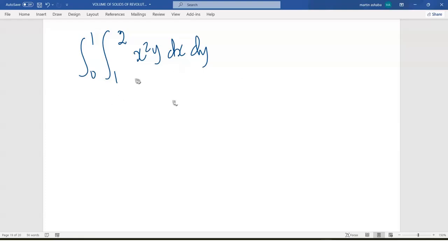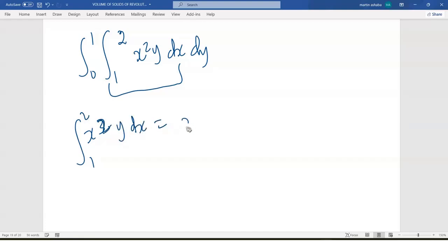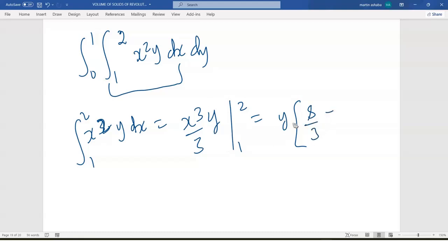I can first evaluate what is inside, integrating from 1 to 2 of x squared y with respect to x, which will give us x cubed, maintaining y as a constant, divided by 3. So from 1 to 2, this gives us y times 2 to the power 3, that is 8 out of 3, minus a third. So this gives us 7y out of 3.